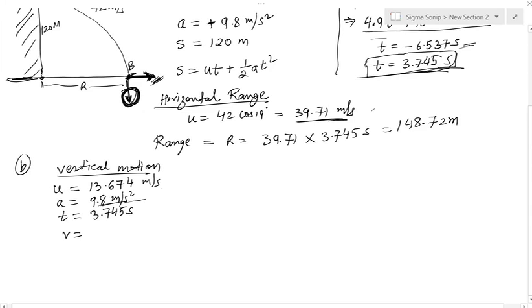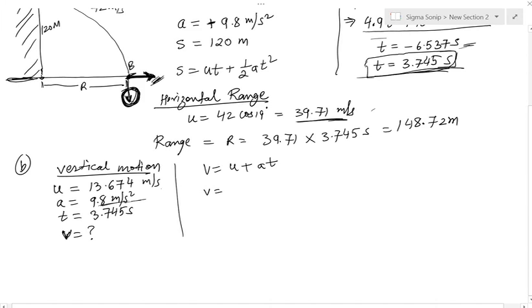So all I need to do is find the velocity after 3.745 seconds, which is my V. I will use the equation V is equal to U plus AT, and again everything here is vertical.